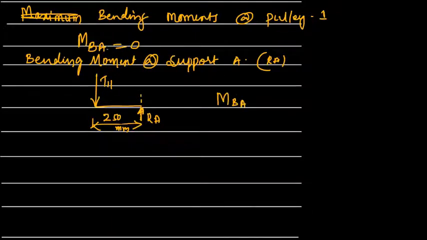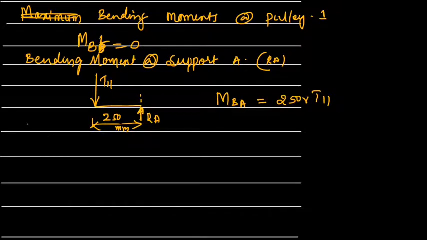Now bending moment at support A. I'll go for MBA. You can just note the notations accordingly. Now we'll go for this at left hand. At support A, the value is 250 into T11.